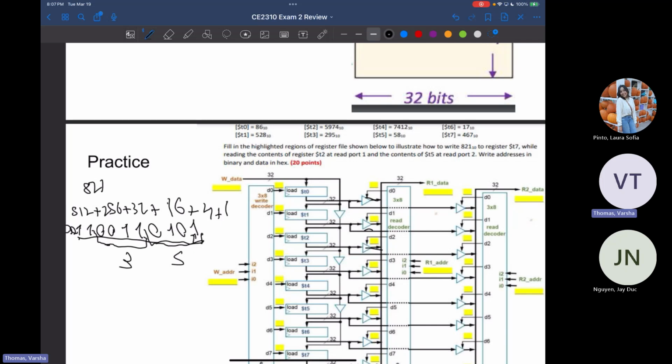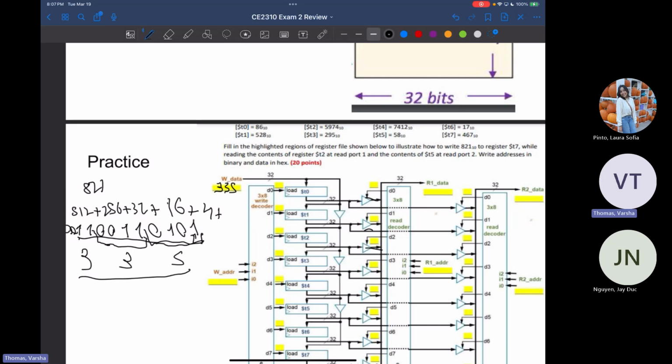And you can see that's a 3 because it's 2 plus 1. So our hexadecimal number, which is what we're gonna put in our W data, is 335. And we're writing the 821 into T7.